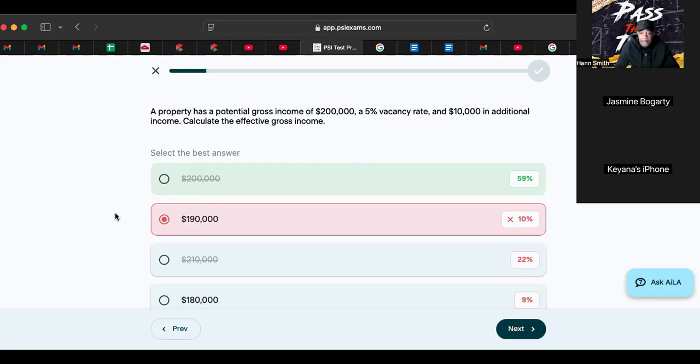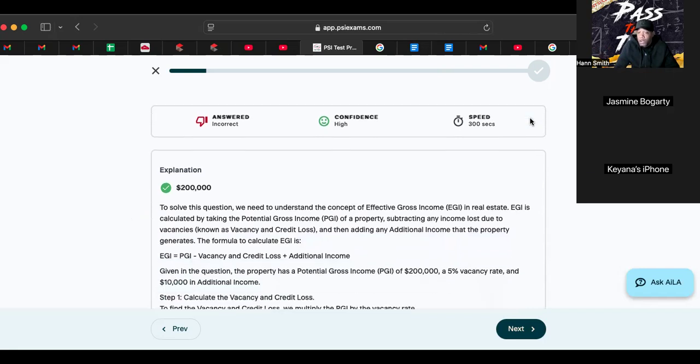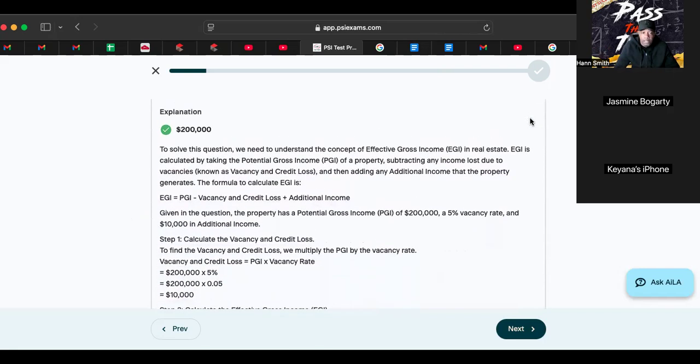Now watch what they say right here. If they're doing that, then it's like we're going to get those wrong. Right? Listen, this is what they say. To solve this question, we need to understand the concept of effective gross income. In real estate, EGI is calculated by taking the potential gross income of a property, subtracting any lost income due to vacancies, known as vacancy and credit loss, and then adding the income that property generates.